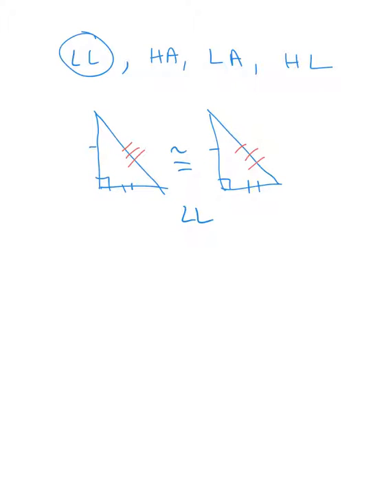What reason can we use to tell that the hypotenuses are congruent if the triangles are congruent? What did we learn yesterday or the day before? What letters? CPCTC. Yes. Once you prove the two triangles are congruent, all their corresponding parts are congruent, okay? So if we're going to mark the hypotenuse and an angle, we mark both of the hypotenuses, and then we choose one of the angles. And I'm going to choose this guy on the floor.